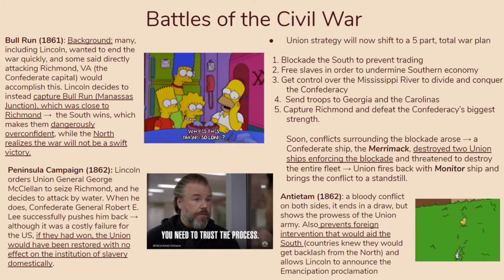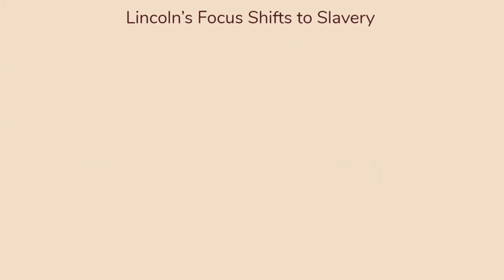Remember, we talked about with King Cotton. Cotton was not enough to convince European countries to help the Confederacy in any way, so they're just pretending like they never were there in the first place. Meanwhile, this victory, although not technically a victory, but this quote-unquote victory, allows Lincoln to announce the Emancipation Proclamation.